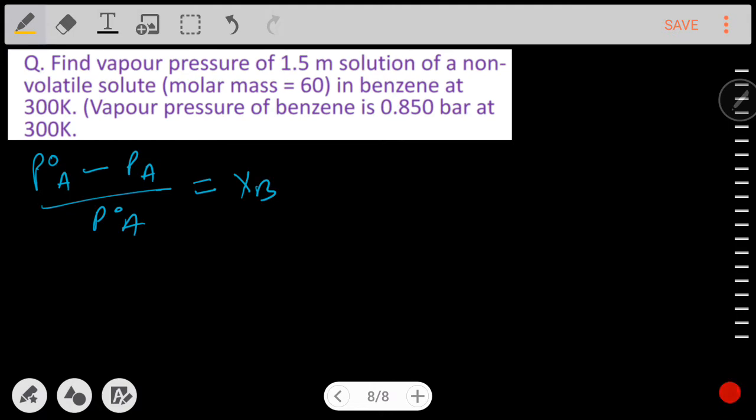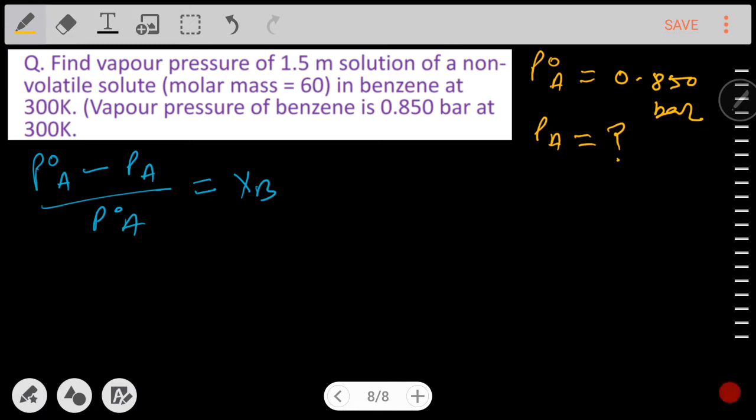P naught A, that is the vapor pressure of pure solvent, that is benzene, is given here 0.850 bar, and we have to determine PA, means vapor pressure of solution. In place of XB again there is something different given, that is molarity.